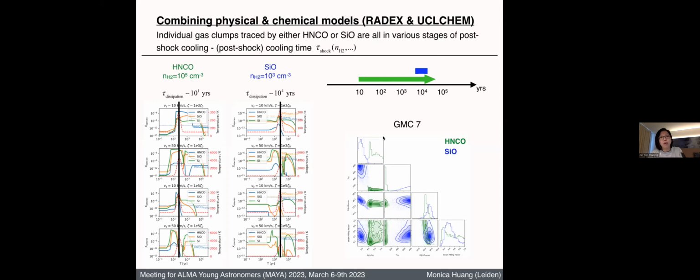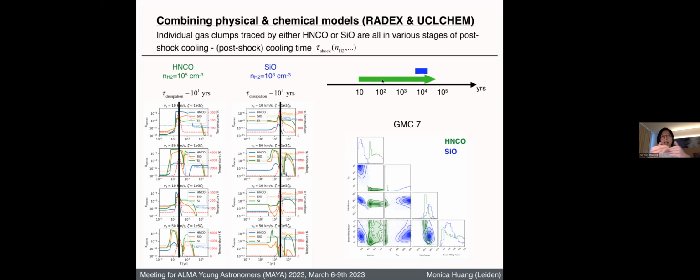On the other hand, SiO is tracing very low density gas, but the gas temperature traced by SiO in this region is still hot. It means that this gas parcel is still well within the shock influence. So this blue little dash means that it's still the most fiercely influenced gas parcel.